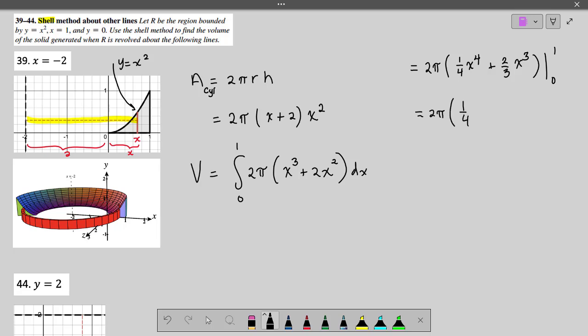Is there any piece of that that you're not sure about yet? Why are we integrating from 1 to 0 instead of 2 to 0? If we choose a vertical element, we imagine the interval where all those vertical elements are standing.